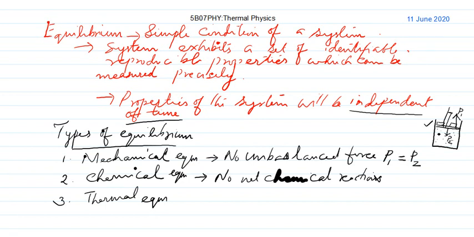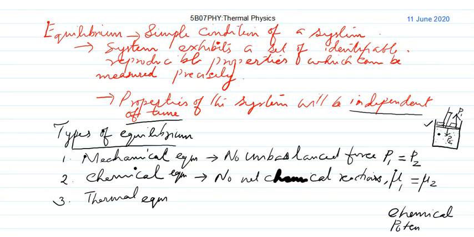The condition for chemical equilibrium can be represented by writing mu1 is equal to mu2. Maybe this symbol mu is a new term for you. Mu is known as the chemical potential of the system.